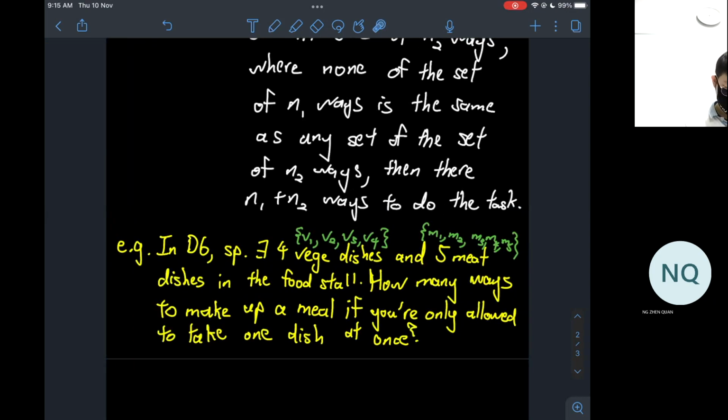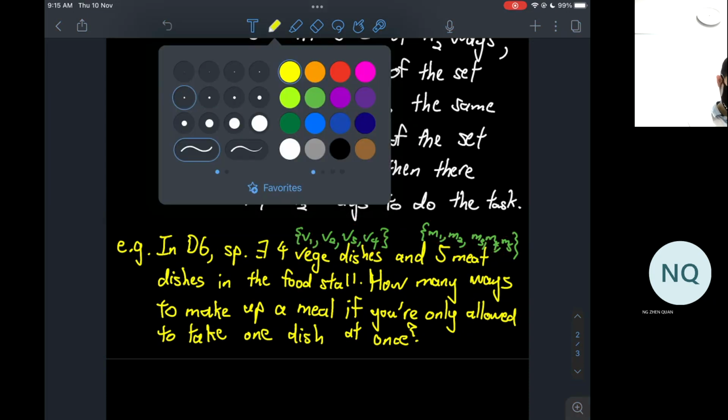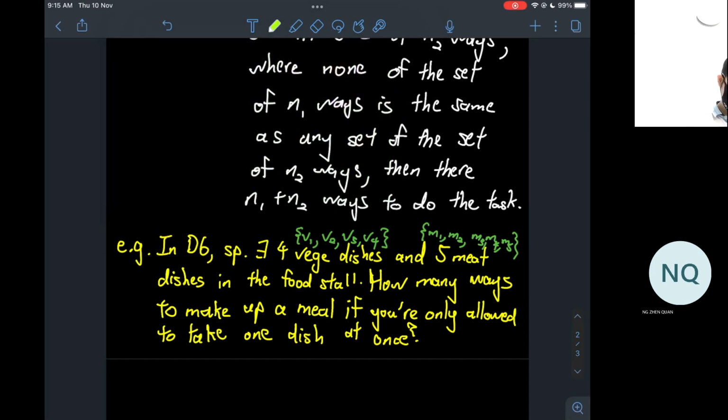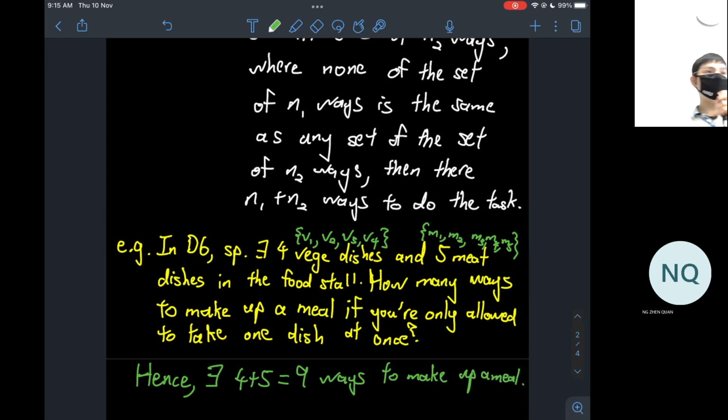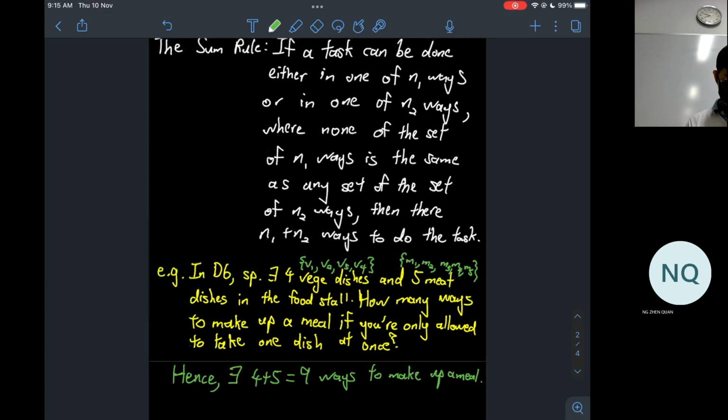So you can either take V1, V2, V3, V4, or M1, M2, M3, M4, M5. That means altogether you can take 4 plus 5, which is equal to 9 ways. One is you multiply, one is you add, so it depends on your situation.